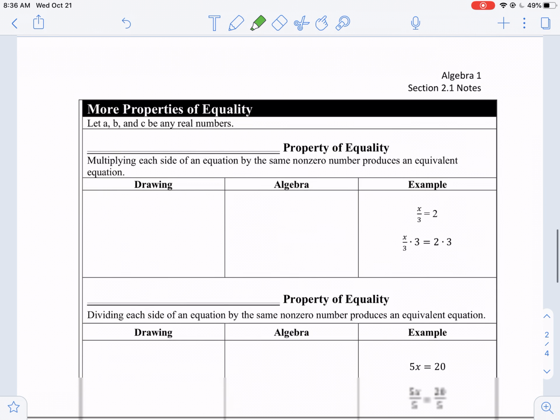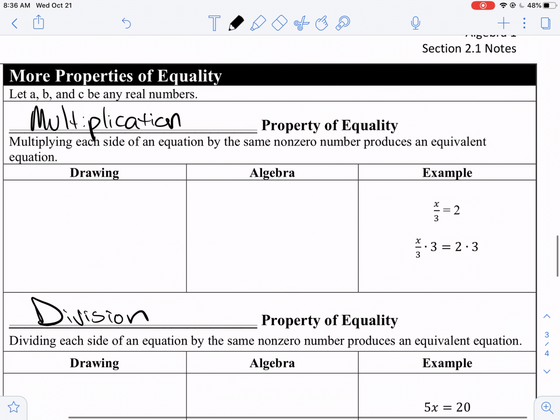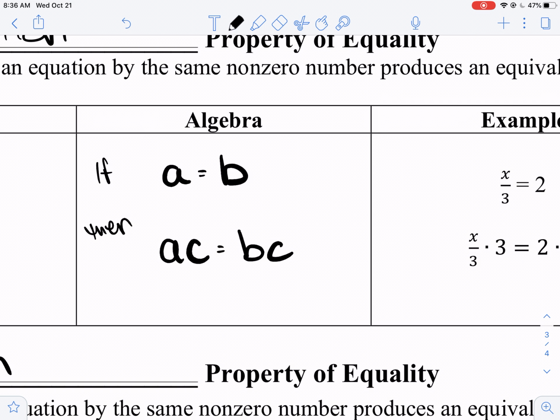We also have this. This also works with multiplication and with division. So the multiplication property of equality works exactly the same way. If you have some number a equal to another number b, and you multiply the same number on both sides, they're still equal.